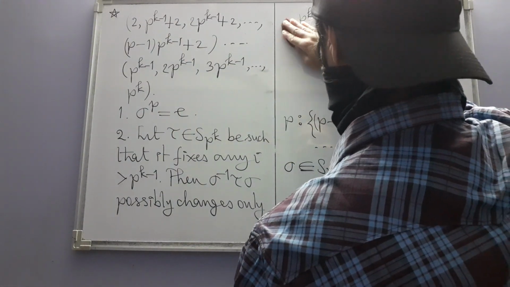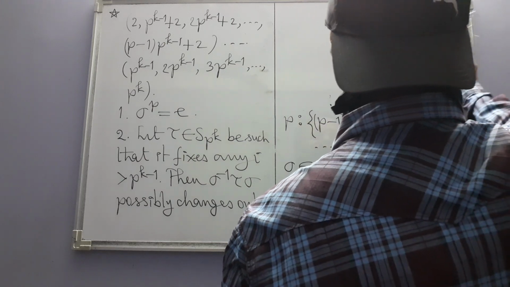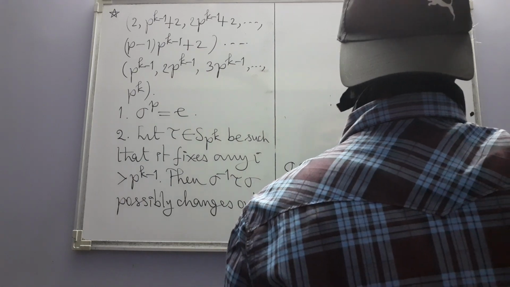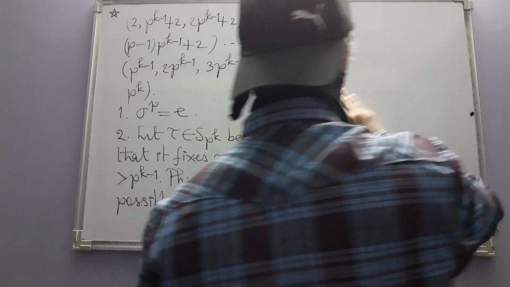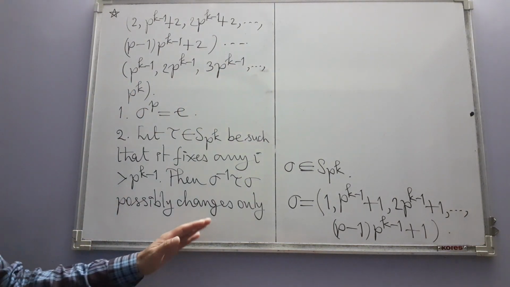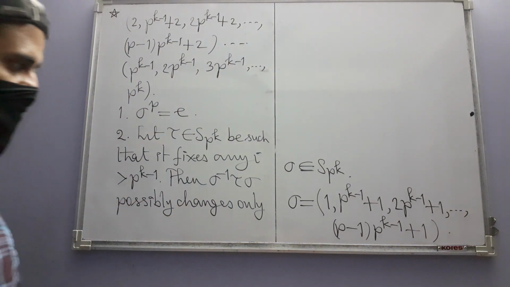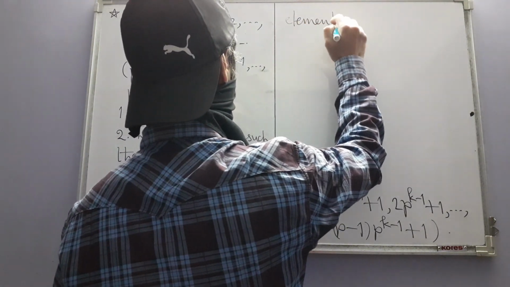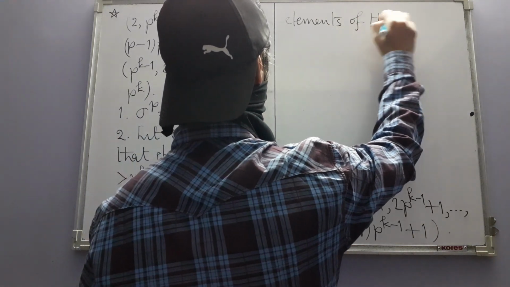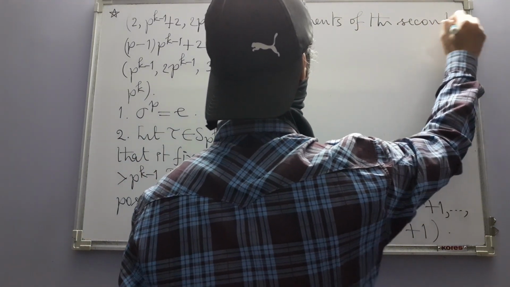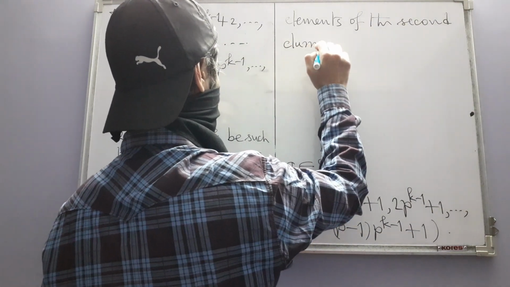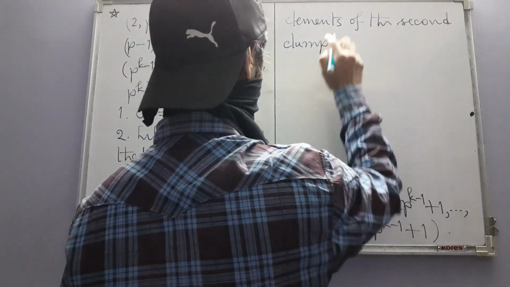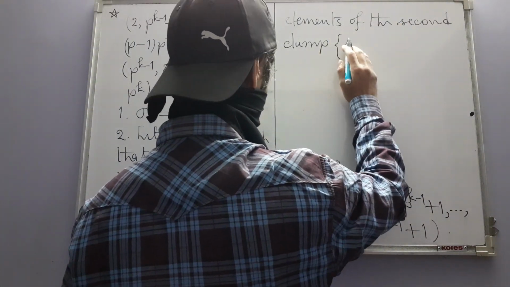We will write the clumps again, don't worry. It will possibly change only elements of the second clump; the author writes it this way, but let's write the second clump. It becomes easier to understand.